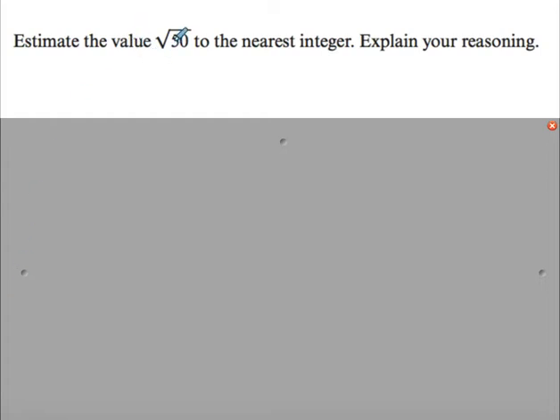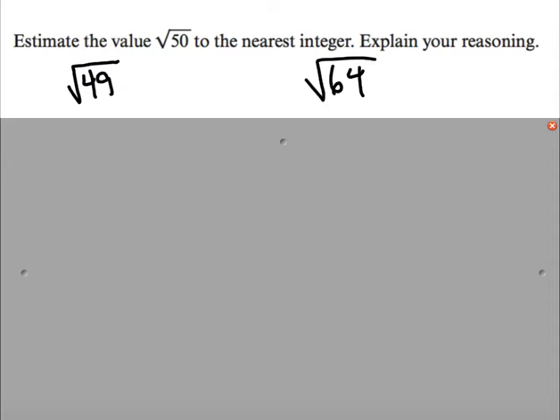Estimate the value of square root of 50 to the nearest integer. Well, this comes from looking at the square root of 50 and saying, all right, what are some perfect squares that are near 50? Well, we can think about it and say, how about the square root of 49? That's close to the square root of 50. And on the other side, the square root of 64. Those are the 2 nearest perfect squares under their radical symbols.